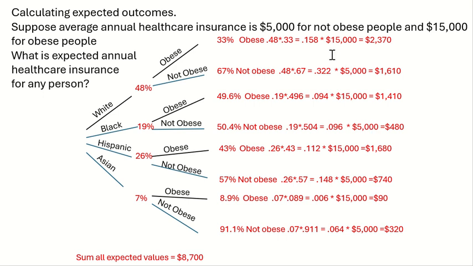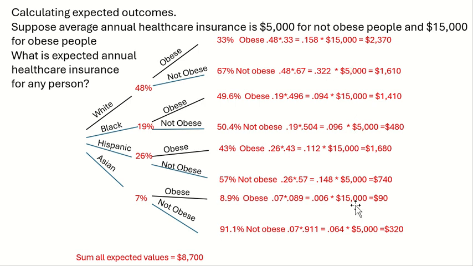Now, let's assign the cost for each one of these, all right? If they are obese, it's $15,000, okay? So for this branch, we have almost 16% of the people times 15,000 is 2,370. If they're not obese, the cost is 5,000.